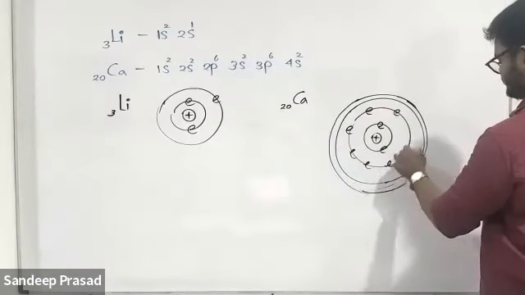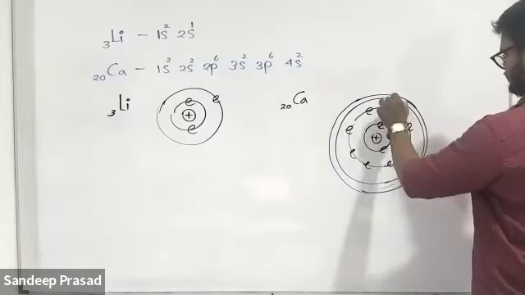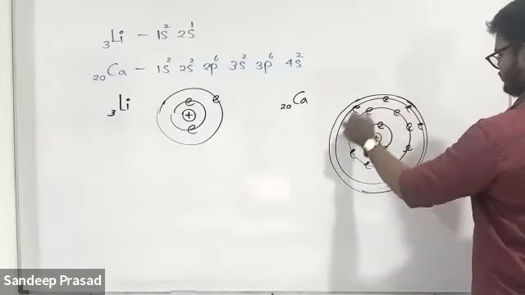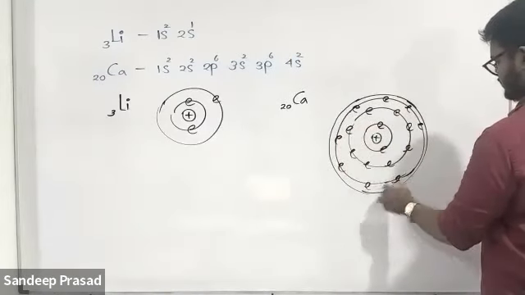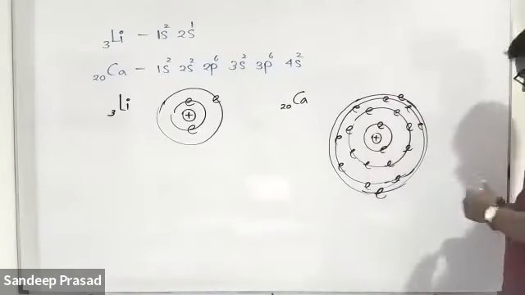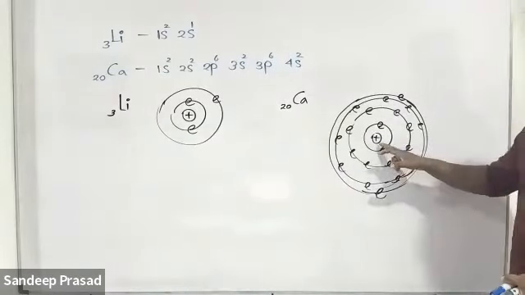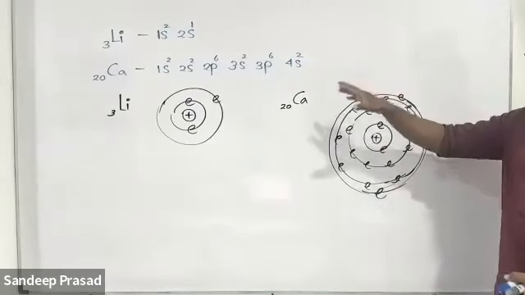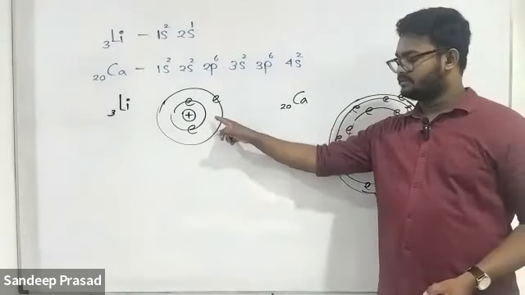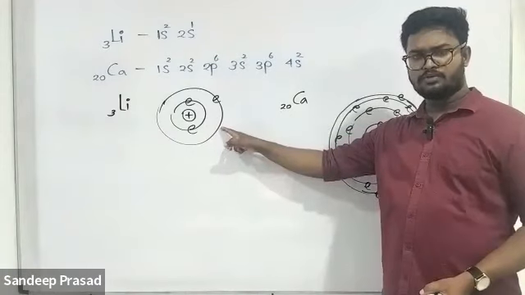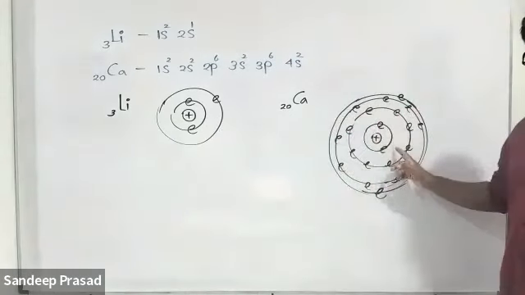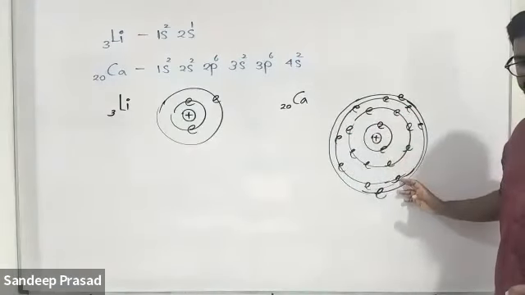And here also we have 8. And in the last principal energy level, there are 2 electrons. Look at the principal energy levels of lithium and calcium; you can compare that. In the lithium atom, there are 2 principal energy levels. If you consider calcium, there are 4 principal energy levels, right?